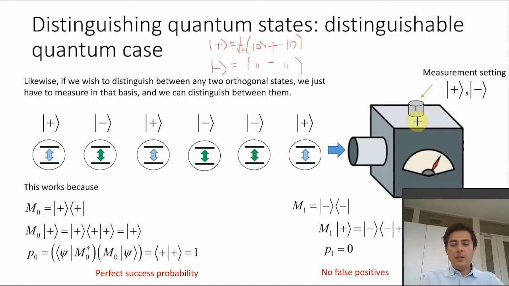But since we have it, we can change the measurement setting to the plus and minus basis. As long as we've got it in this setting, we can distinguish between the plus and minus atoms with 100% probability.